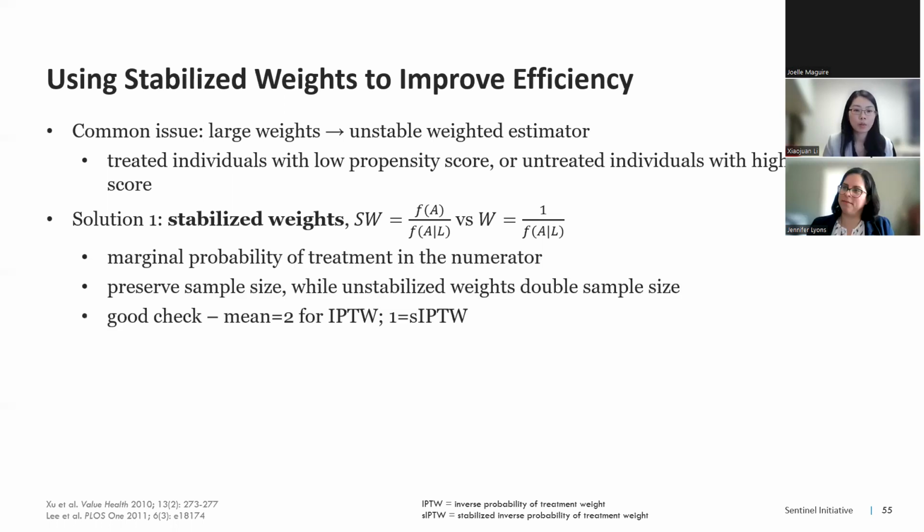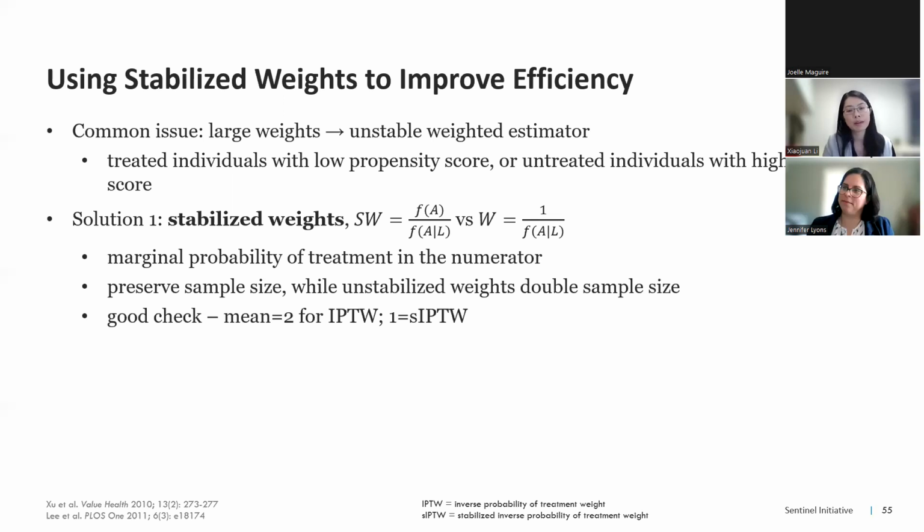These stabilized weights preserve the original sample size, while the unstabilized weights double the sample size. This property can actually make it a really good diagnostic tool for checking the distribution of the weights.